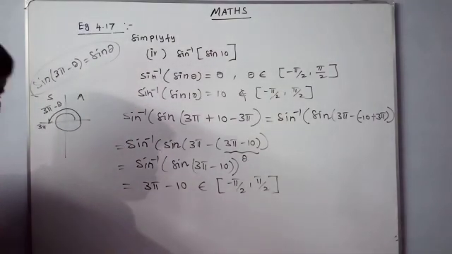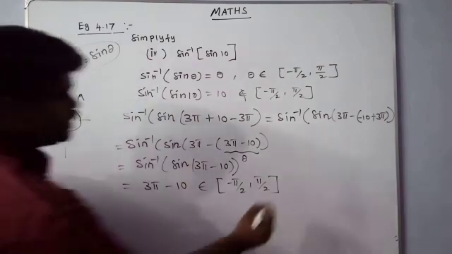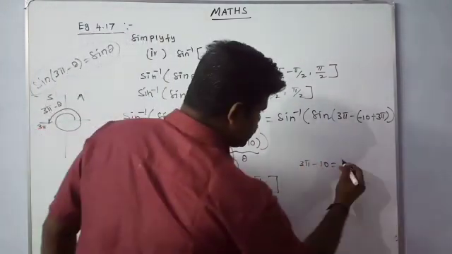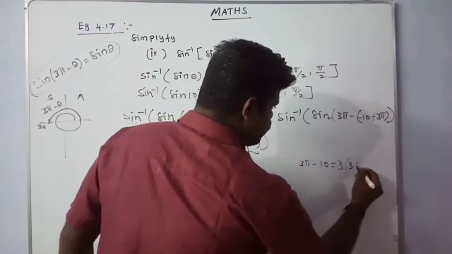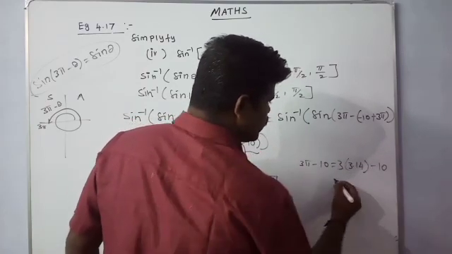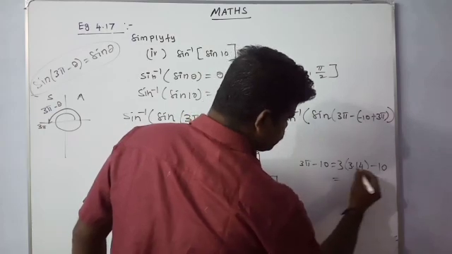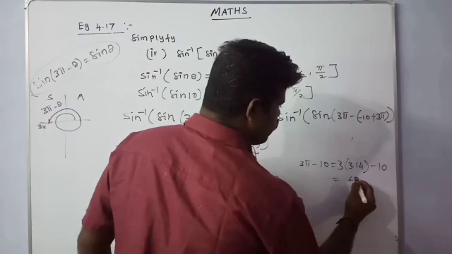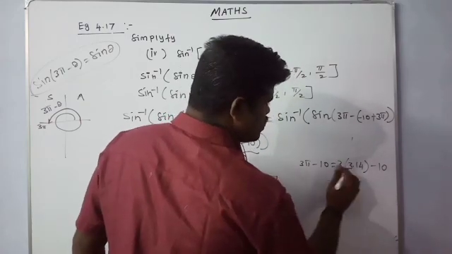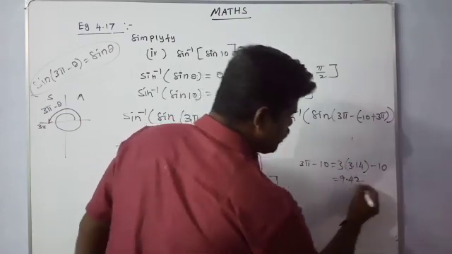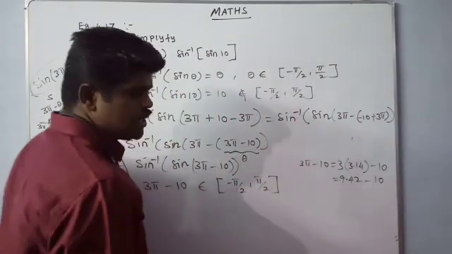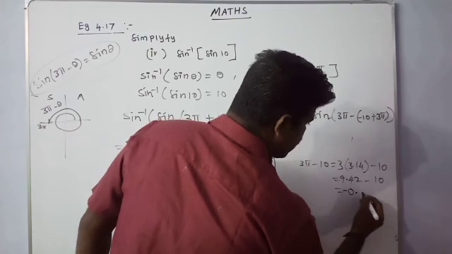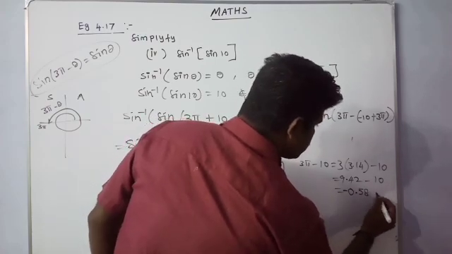How it is possible? The value of 3 pi minus 10 is equal to what? 3 into pi value is 3.14, minus 10. Here 3 4s are 12, balance 2, 1, 3 1s are 3, 4, and 3 3s are 9. 9.42 minus 10 is equal to minus 0.58.